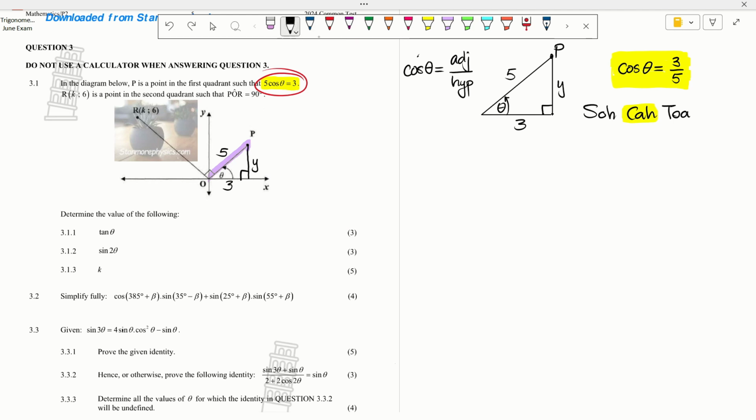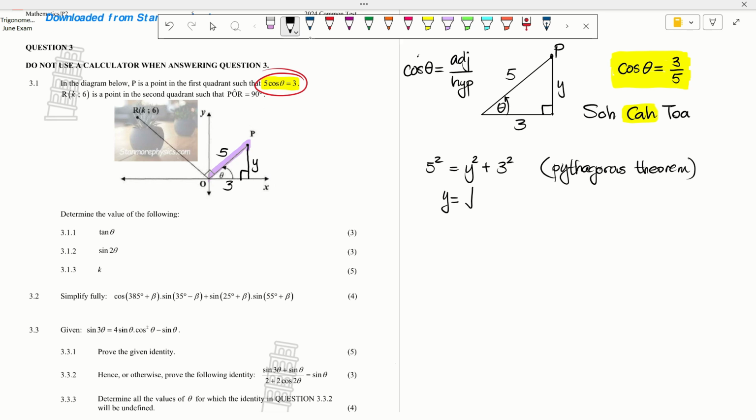So to find my y, let me start by saying 5 squared, as the hypotenuse, is equal to y squared plus 3 squared. Then I give a reason in brackets: Pythagoras theorem. This is going to count for marks. Then I can solve for y, and it's simple from there.